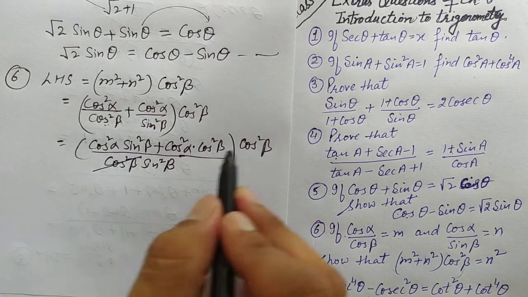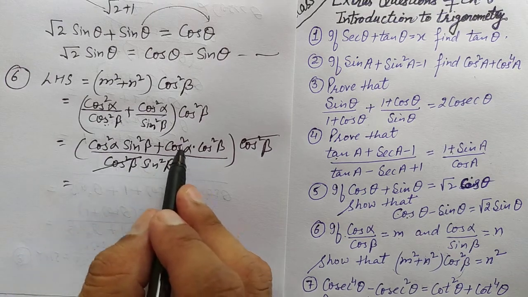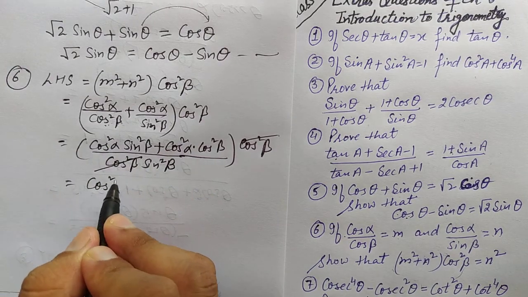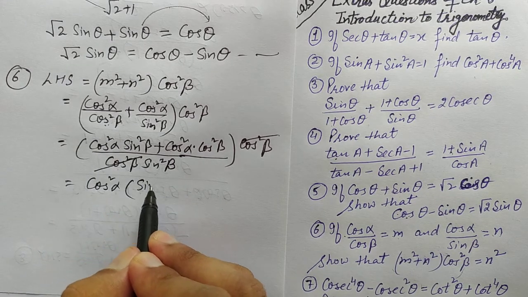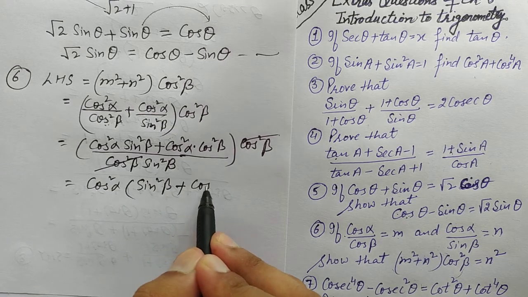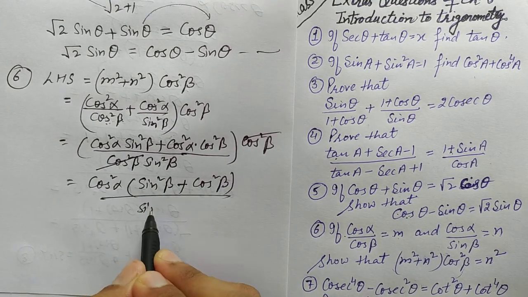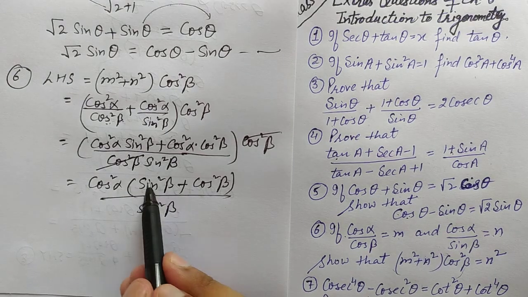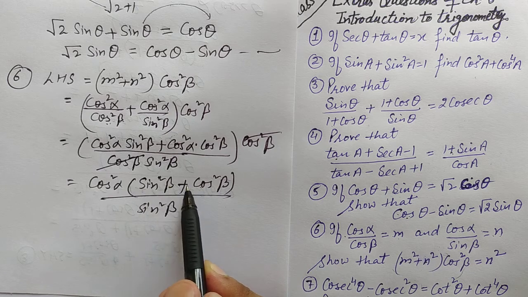So cos square beta can be cancelled, right? So you can see here in the numerator cos square alpha is common in both these. So what is left here? Sin square beta plus cos square beta, right, over sin square beta. You know now sin square beta plus cos square beta is 1 because sin square a plus cos square a is 1.